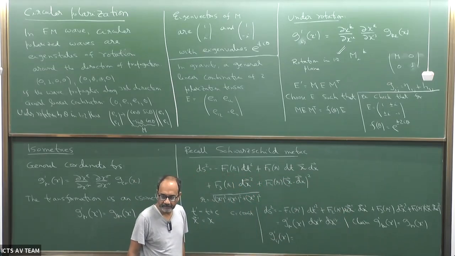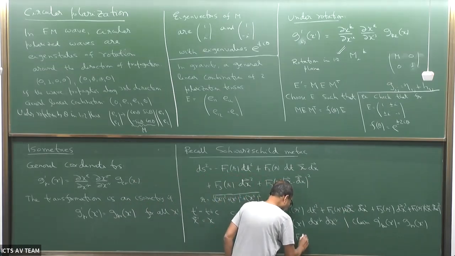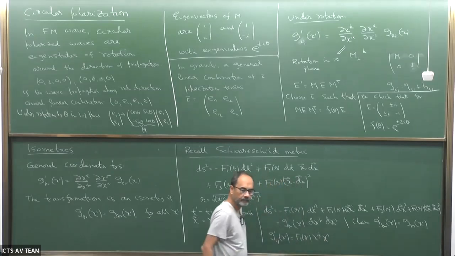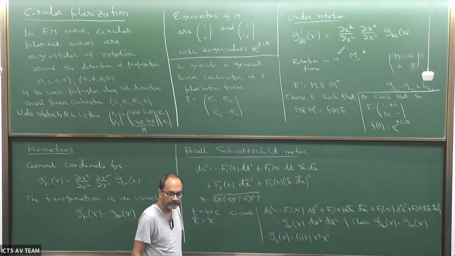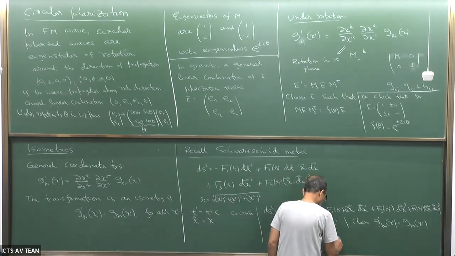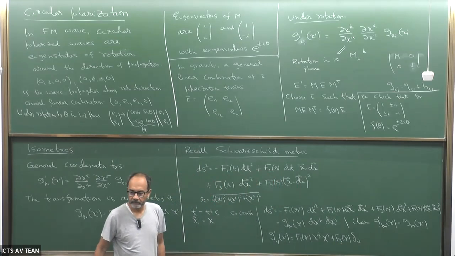The ij component of the matrix is f4 of r prime times x prime i x prime j, plus f3 of r prime delta ij.